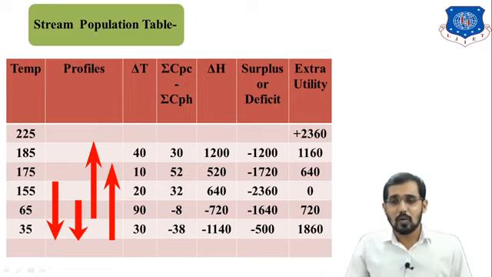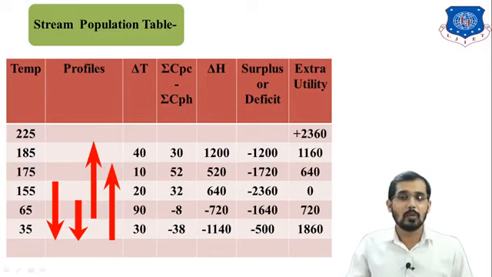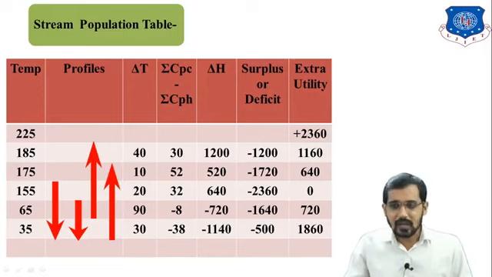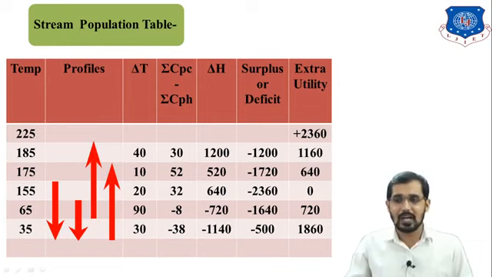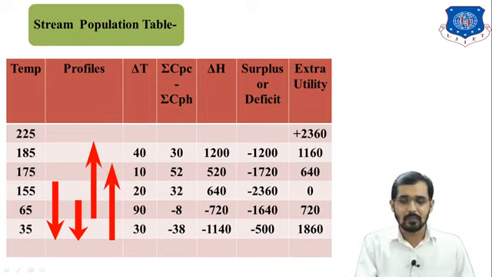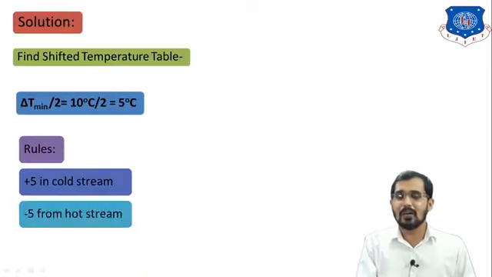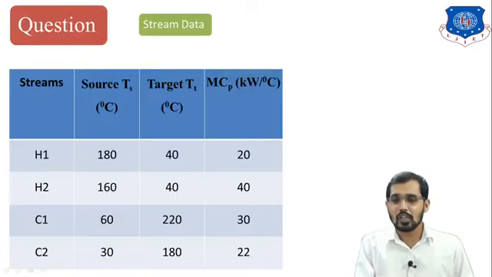Now next, for the 32, you can see there are two cold streams and one hot stream available. So the summation of CPC means 30 plus 22 that is 52, minus this data. The data for this stream you can see in the previous slide as well: for the H1 stream that is 20 and for H2 it is 40.